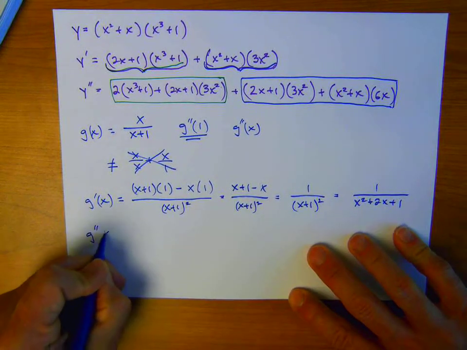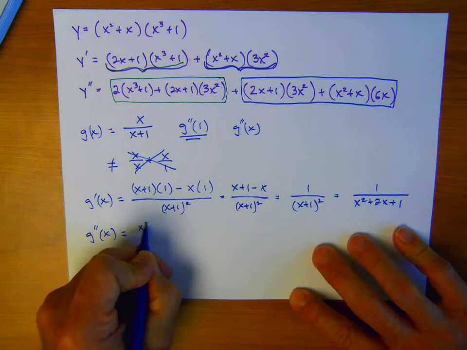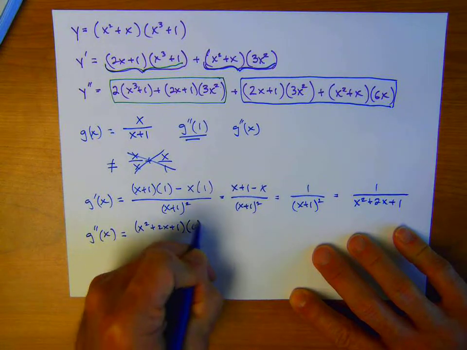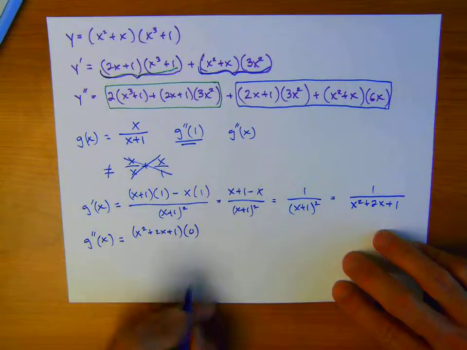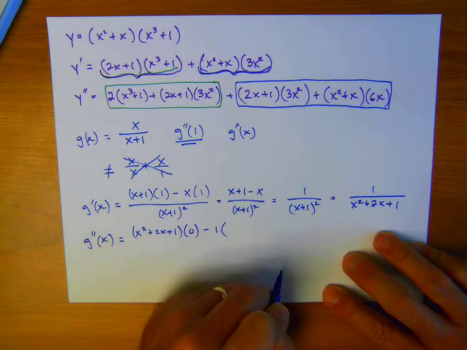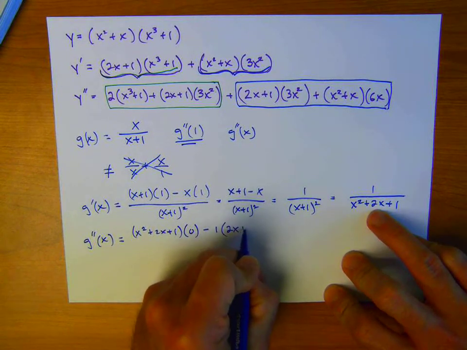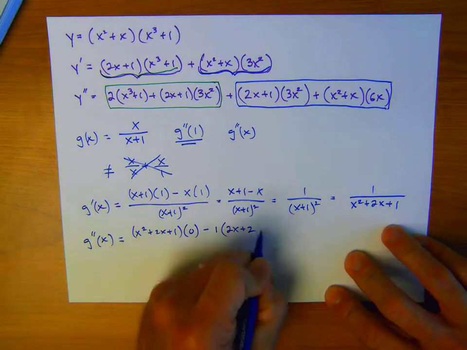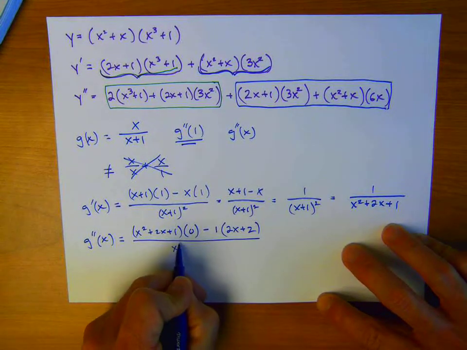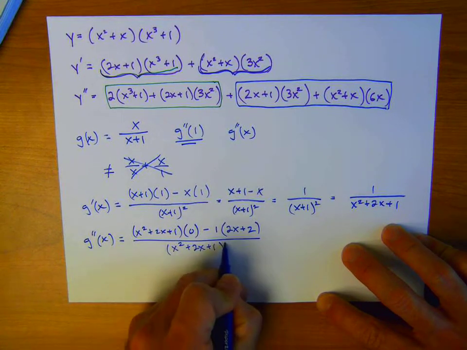So, for the second derivative, I would have the denominator, x squared plus 2x plus 1, times the derivative of the numerator, which is 0, because the derivative of any constant is 0, minus the numerator, which is 1, times the derivative of the denominator, and that's going to give me 2x plus 2, and then the derivative of 1 goes to 0, so I'm left with just that, over x squared plus 2x plus 1 quantity squared.